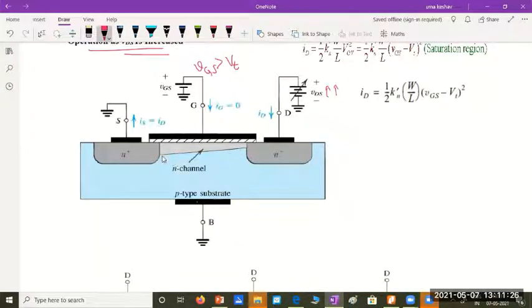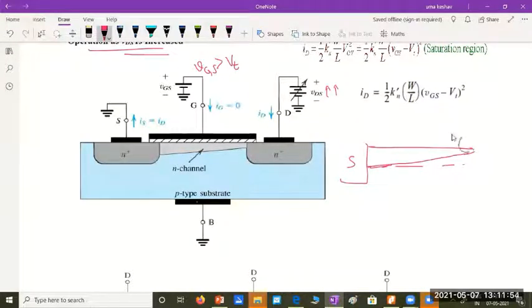The channel which was having constant width throughout will become smaller and smaller towards the drain. It will retain its width near the source region, but in the drain region it will become very, very small.